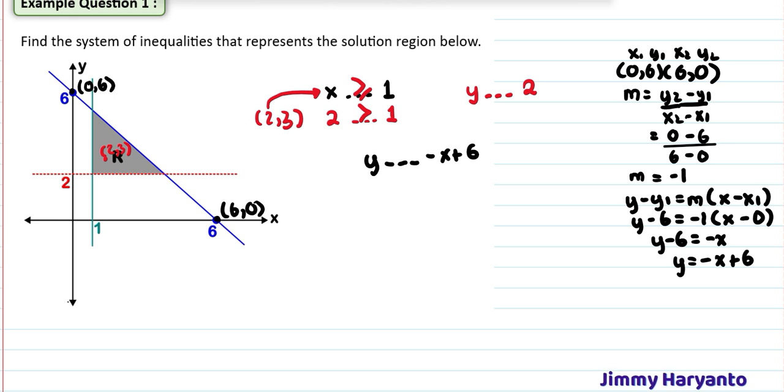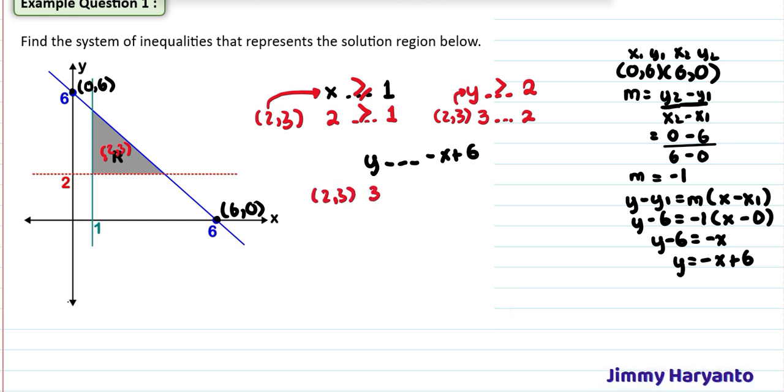Let's use the same point. For this one, I input y equals 3, blah blah blah, 2. It's greater than, so this one is greater than also, but you don't have to put equal to because the line is broken. Next is this one, the same point 2,3.